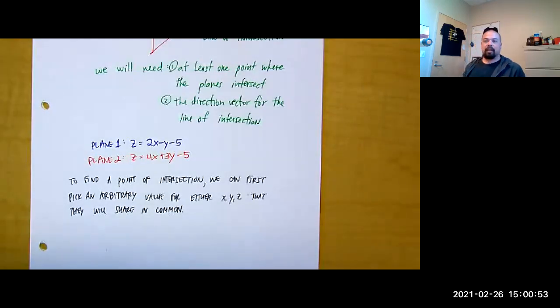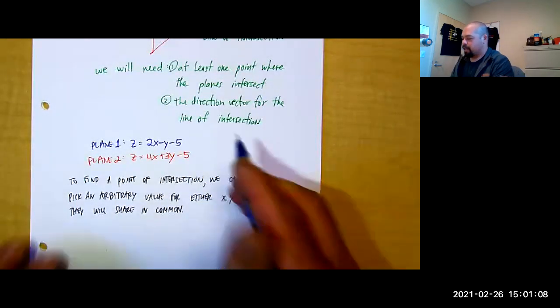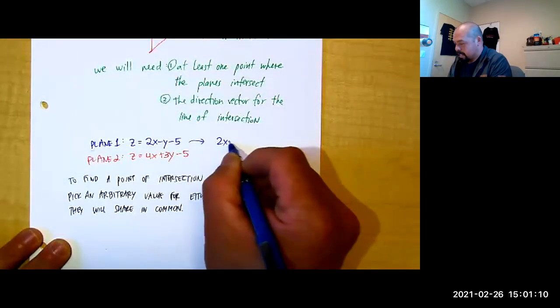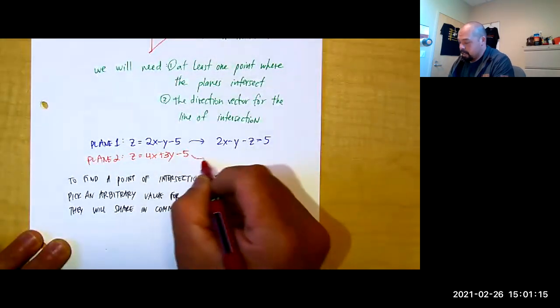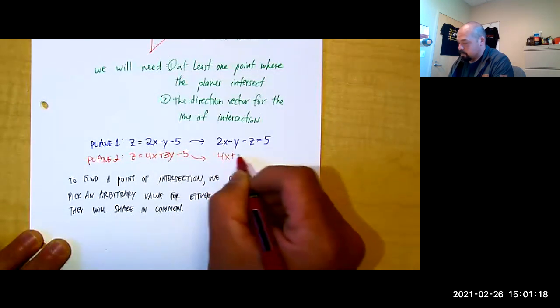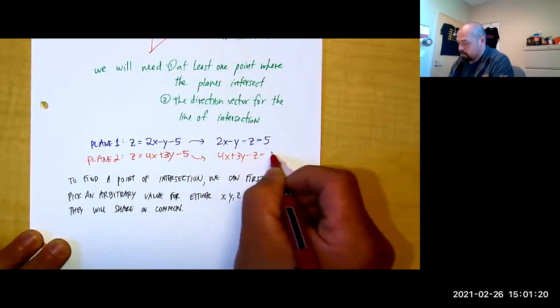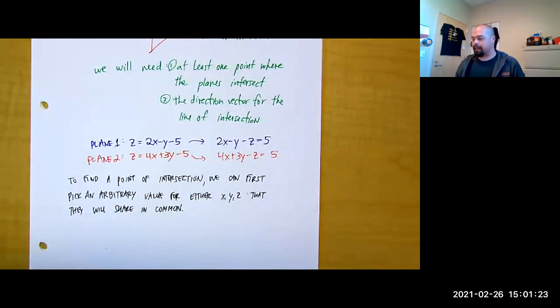As long as these aren't those level planes sitting at exactly z equals 5 all the time, or x always equal to 1, whatever it might be, we can rewrite this: 2x minus y minus z is equal to positive 5, and 4x plus 3y minus z is equal to positive 5. Just rearranging it a little bit. Think about our normal vectors, what direction they're facing at some angle.